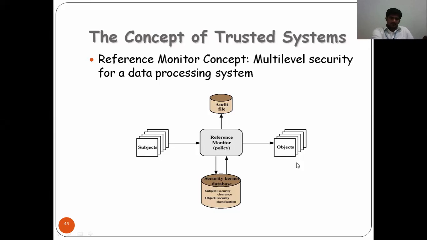This is the subjects and this is the objects. How are we going to access through the reference monitor, and how are we going to audit the files? Multi-level security is provided on the basis of data access. That is why, before talking about this system, we talk about data access, the various levels of access to the data.